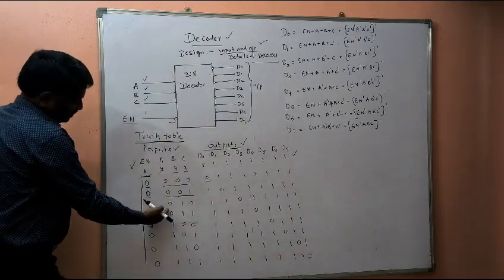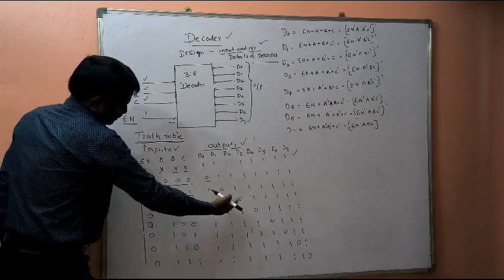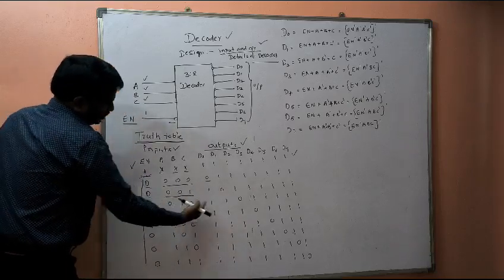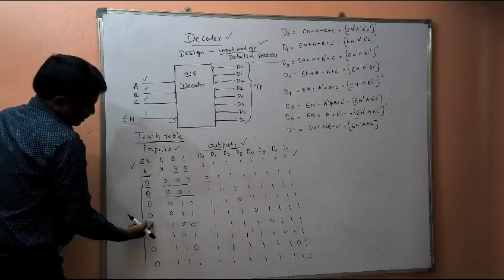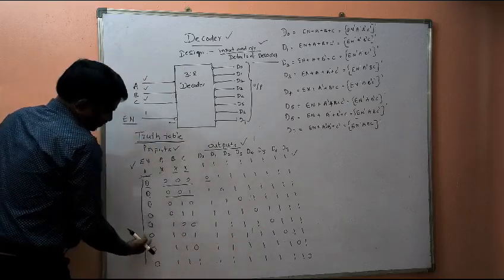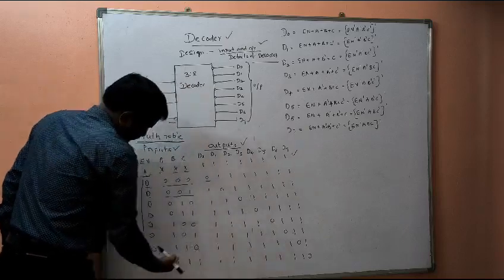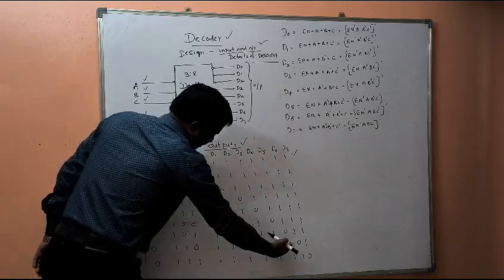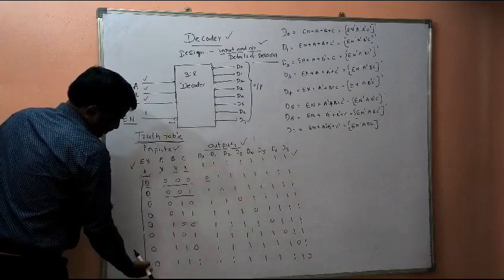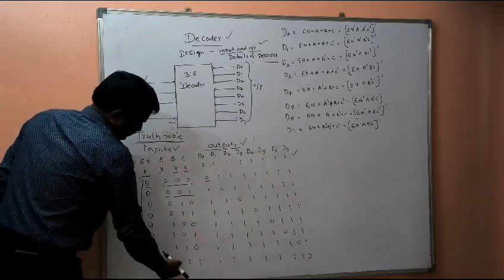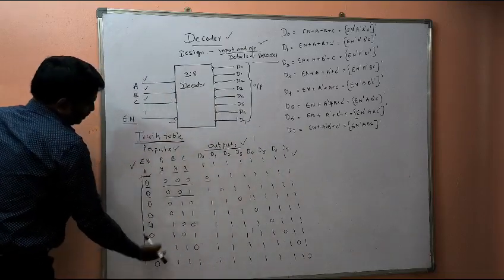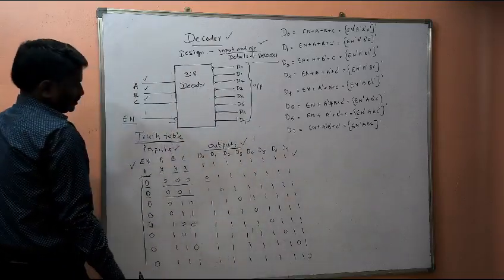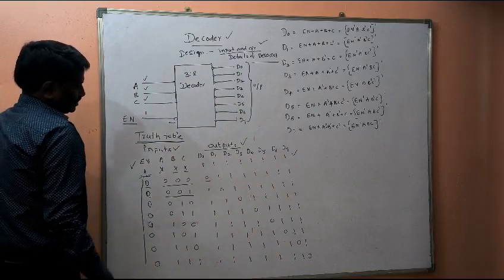When a particular input is given, that particular output goes low: if we give 1, D1 is 0; if we give 2, D2 is 0; 3, D3 is 0; 4, D4 is 0; 5, D5 is 0; 6, D6 is 0; and for 1, 1, 1 with enable equal to 0, D7 is 0. So this is the input-output relation.